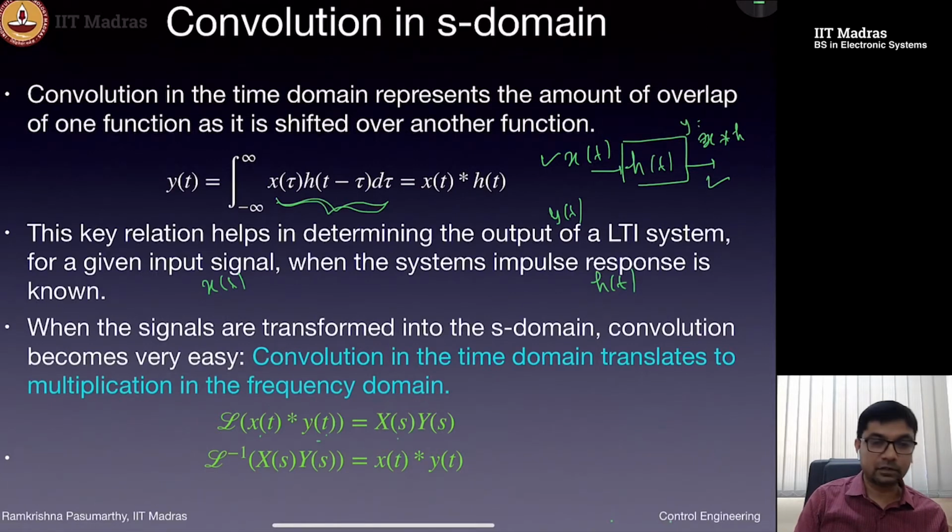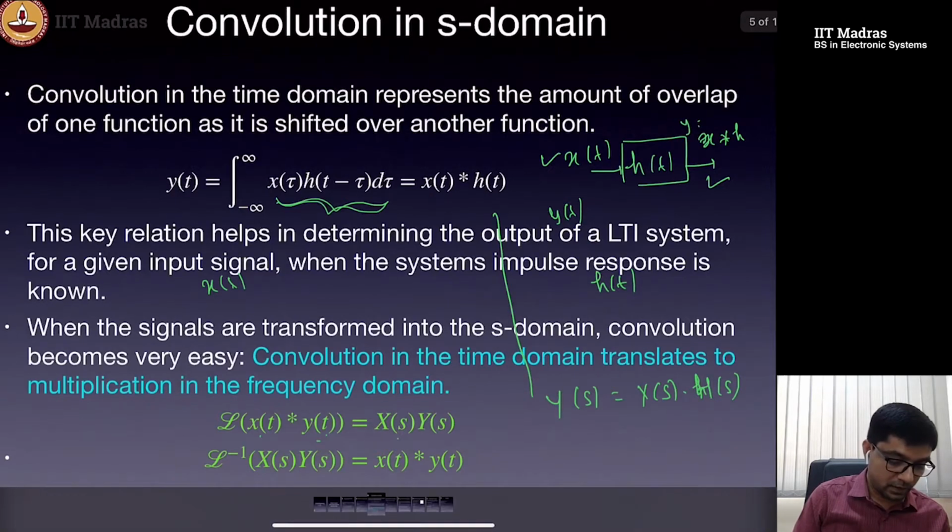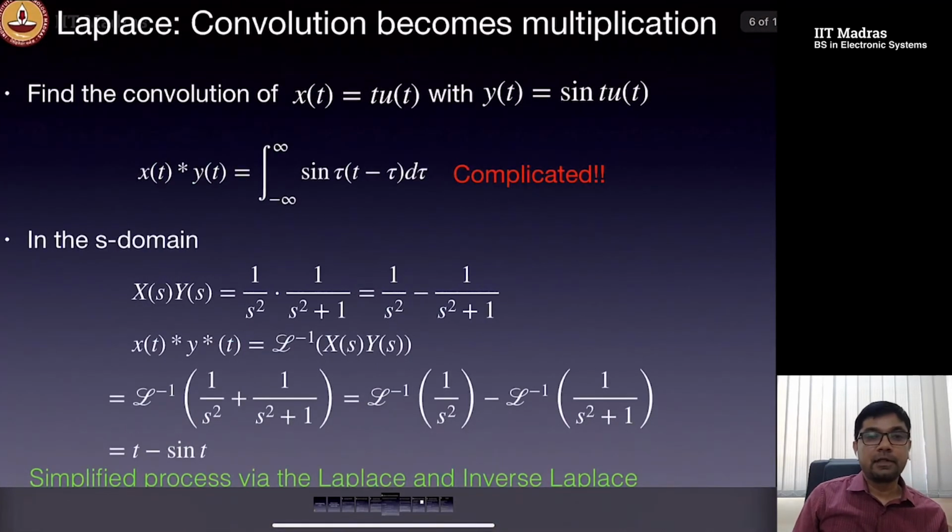So two signals convolved, x and y, will just give me the output X of s times Y of s. If I were to write it equivalently here, Y of s would be X of s times H of s, if I may use that notation. How does this apply? I will take a couple of quick examples of a convolution, where x of t is t times u of t.